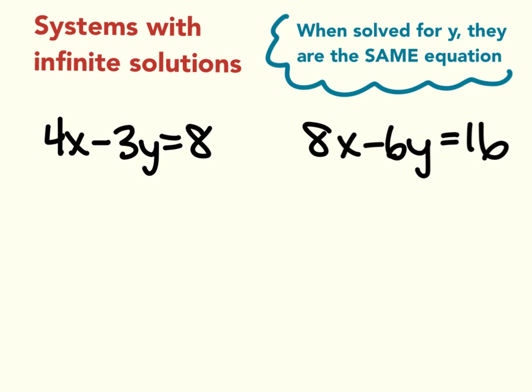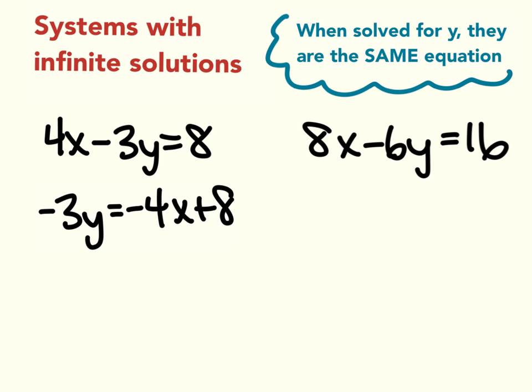Okay, so one of the special types is systems with infinite solutions. Whenever these are solved for y, they're the exact same equation, so they're just lying right on top of each other. We can see this if we solve each equation for y. In the first equation, we subtract 4x and then divide by negative 3, giving me 4/3 x minus 8/3.